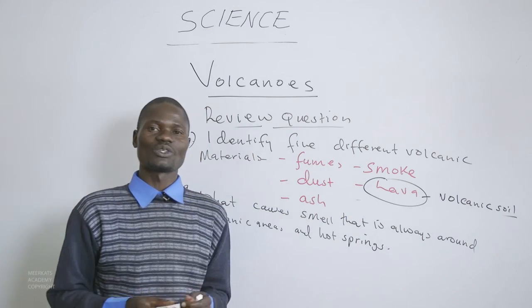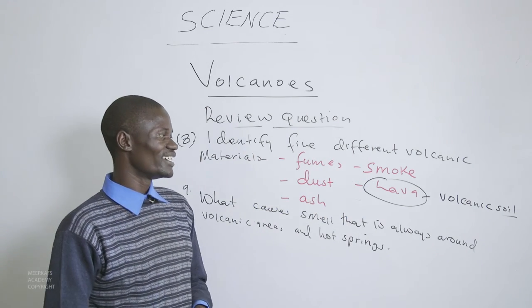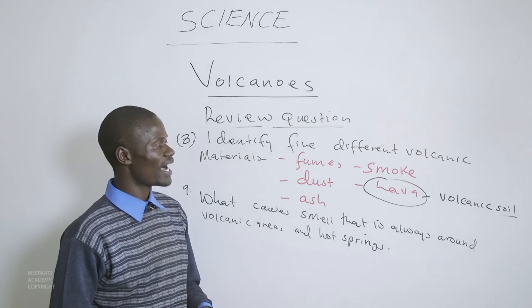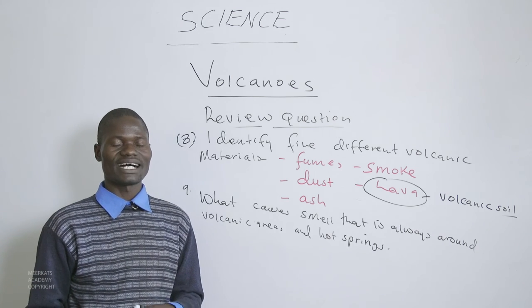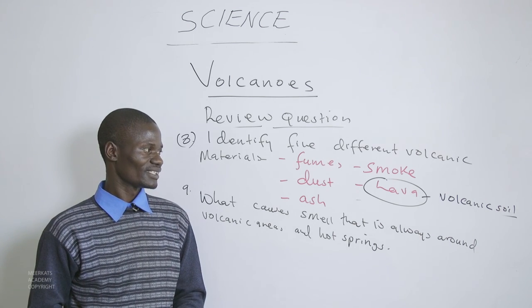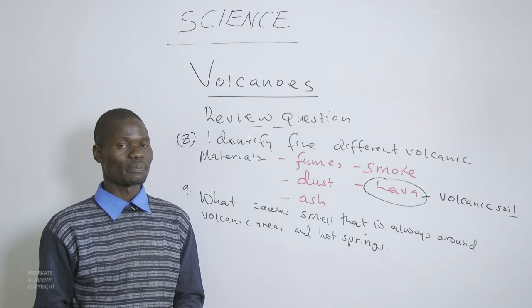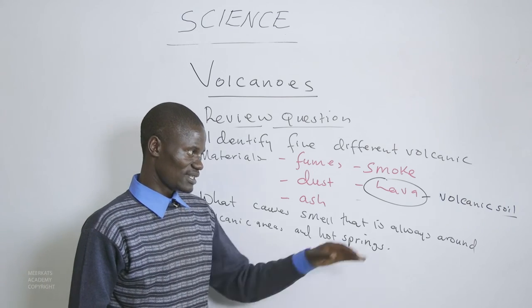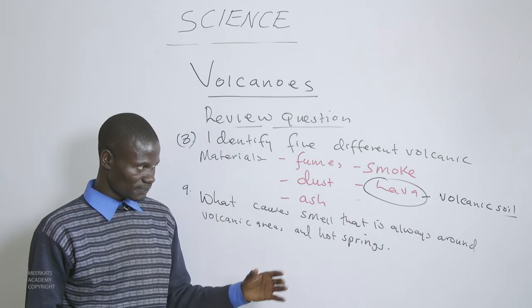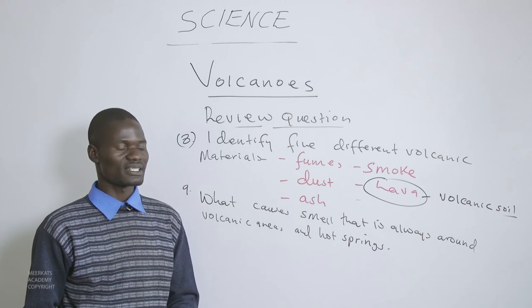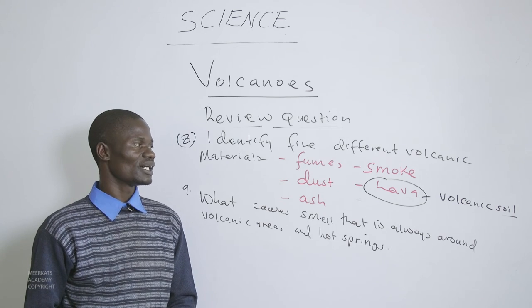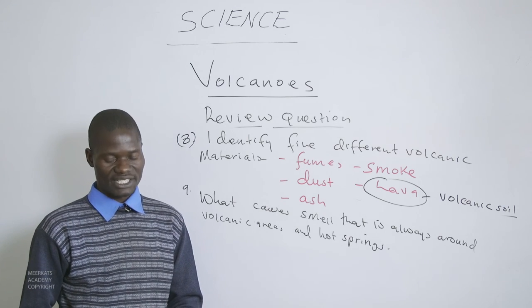Remember, soil is also a resource on Earth. It can be used to plant crops, because fertile volcanic soils can help farmers practice agriculture, therefore planting a variety of crops.